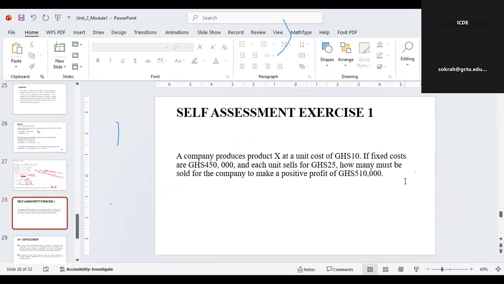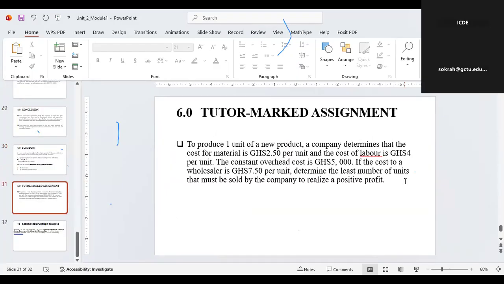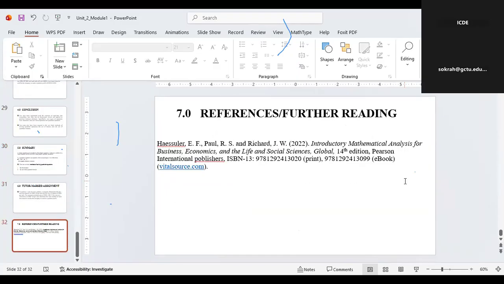So you can go through the self-assessment questions and then try your hands on them. When I'm ready to give you assignment, I'll show you which of the assignments to submit to me. So if there's no question on this, I'll pull it down and then we move on to the next thing that we have to do.